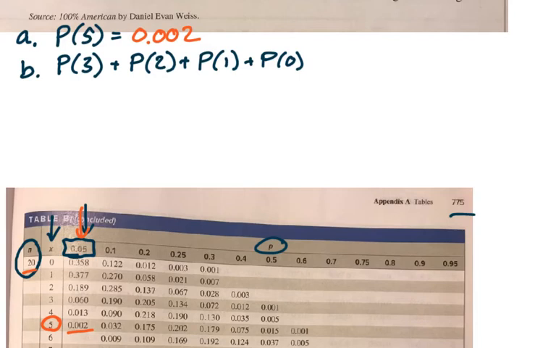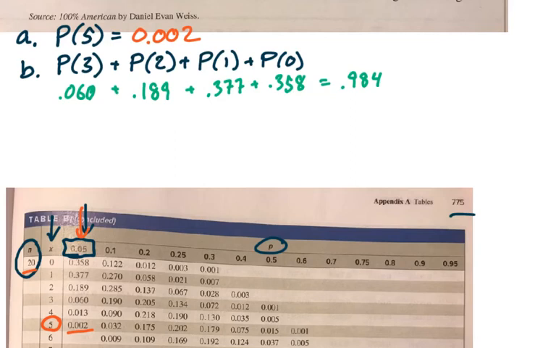So here we have to add up the probability of exactly 3, exactly 2, exactly 1, or none. And so we are going to be simply adding up these values from the table.